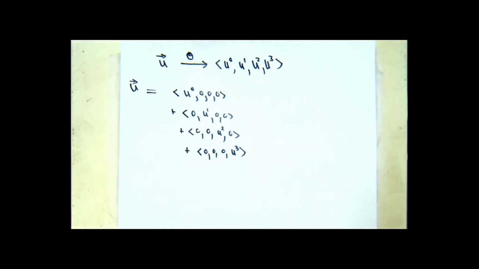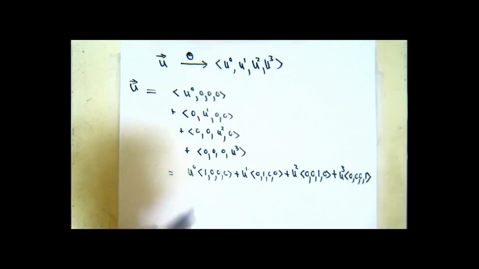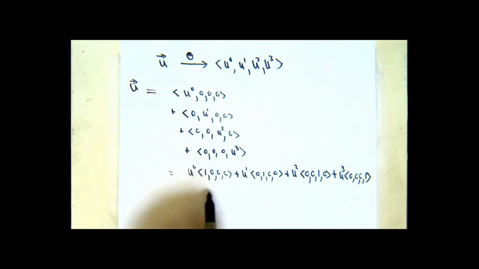I write an equals. Because of the way we multiply a scalar by a vector, I can write this sum this way. We're going to give special names to those 4 vectors whose components with respect to O are known to us.